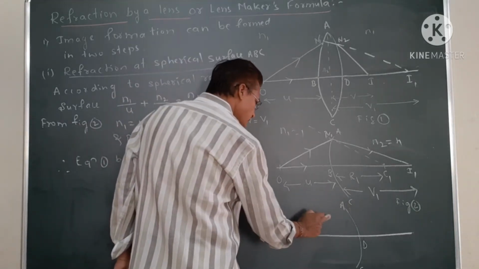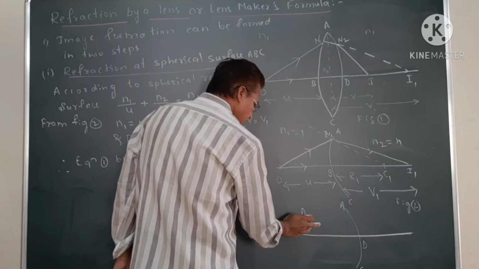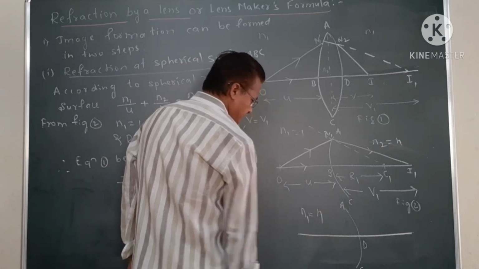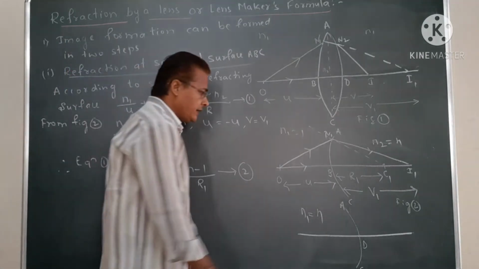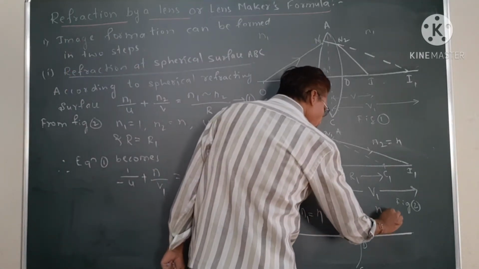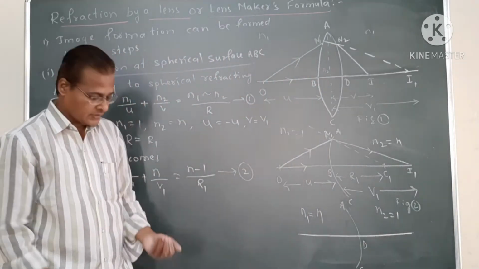Here the object is in the water, the denser medium, so we take N1 equals N. Here we can mention N2 equals 1, the rarer medium.